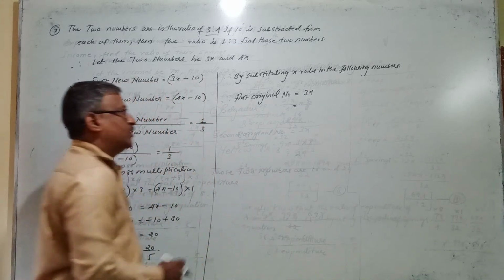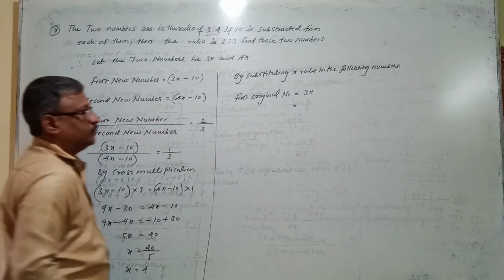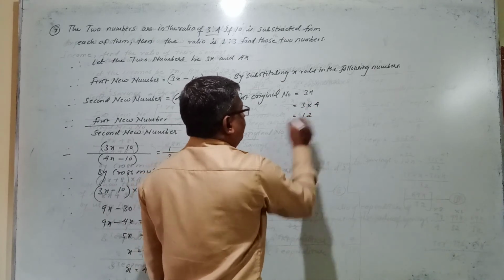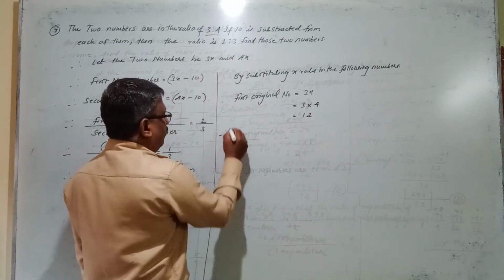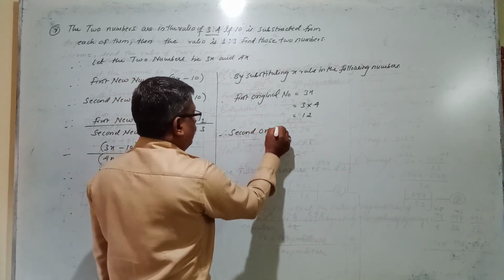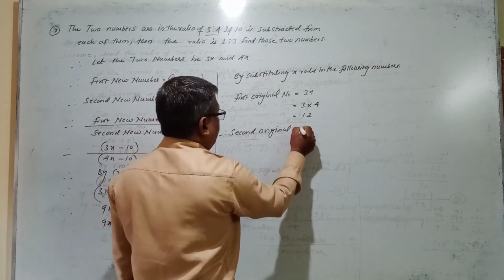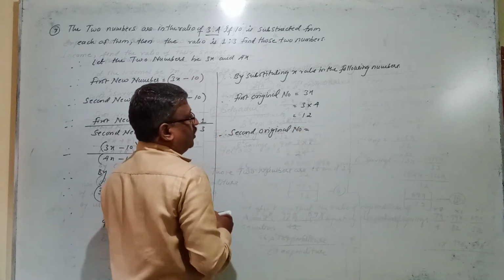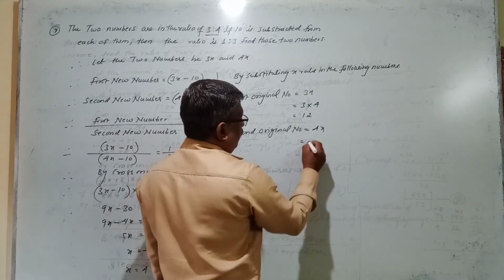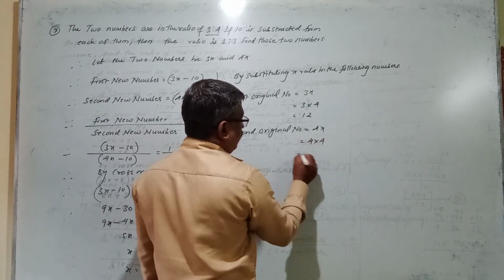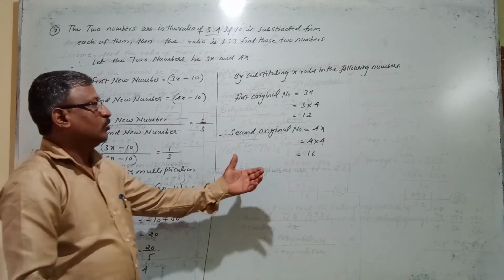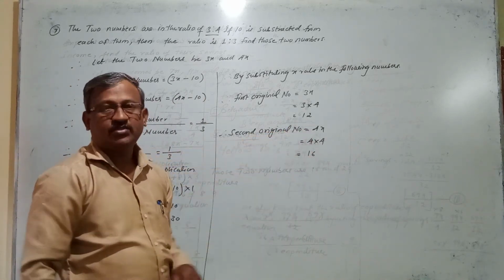So wherever x is there you have to put 4. So 3 into 4, you get 12. Like that you calculate the second original number. Second original number is 4x. So 4x means 4 into 4. So you get 16. So like this you will come to know those numbers as 12 and 16, right?